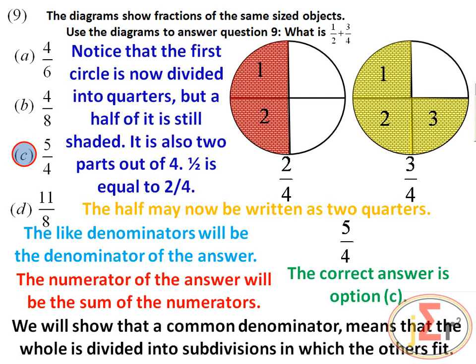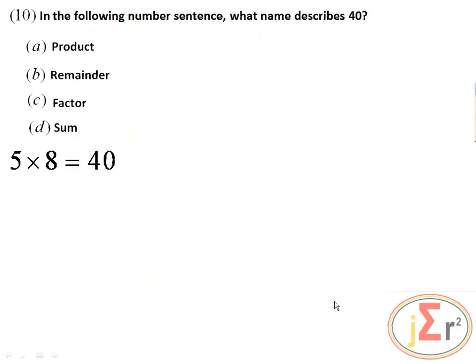For example, if we have a half to be added to 3 quarters, if we have a common denominator of 4, it means that the whole may be divided into 4 equal parts in each case, and each of the shaded portions will be able to fit into the 4 equal parts.